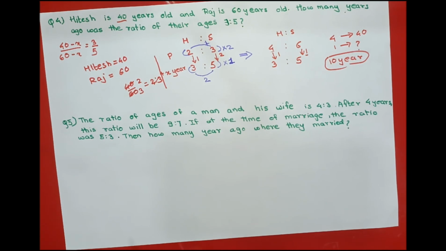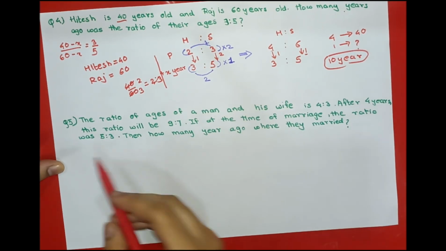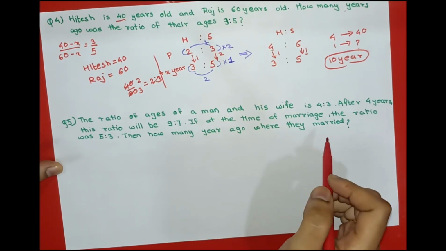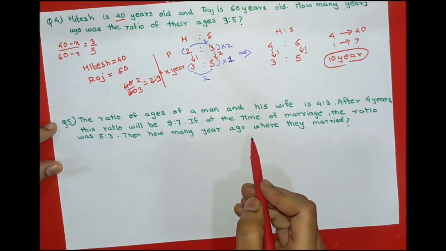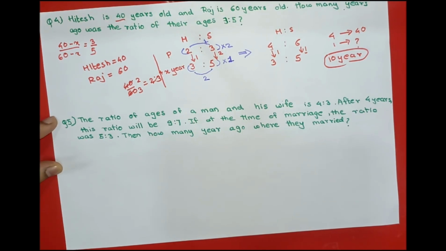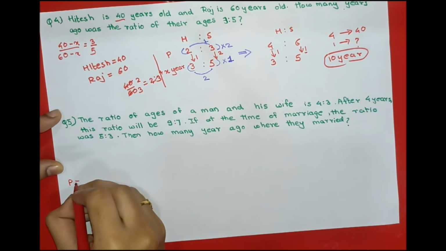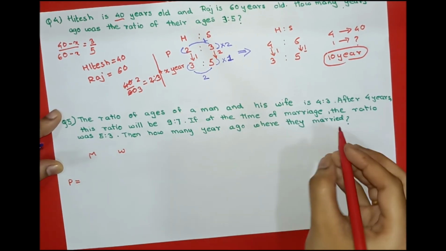Now the next question. The ratio of ages of a man and his wife is 4:3. After 4 years, the ratio will be 9:7. If at the time of marriage the ratio was 5:3, then how many years ago were they married? Now, the present, this is the man and his wife.